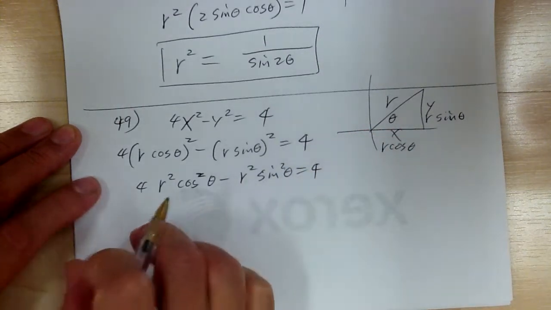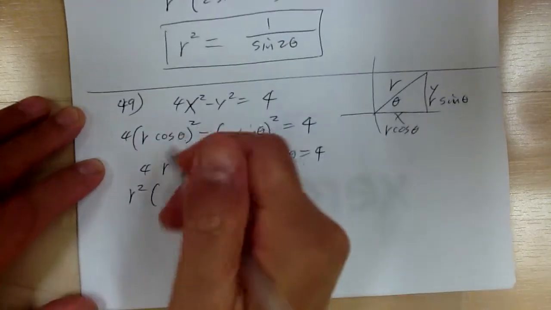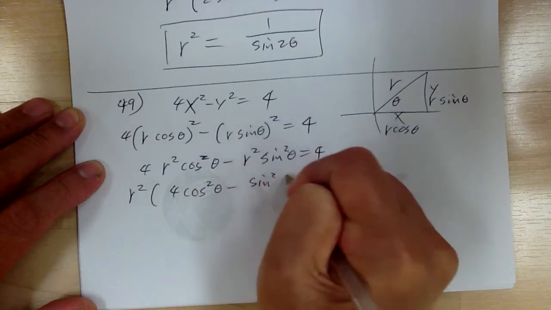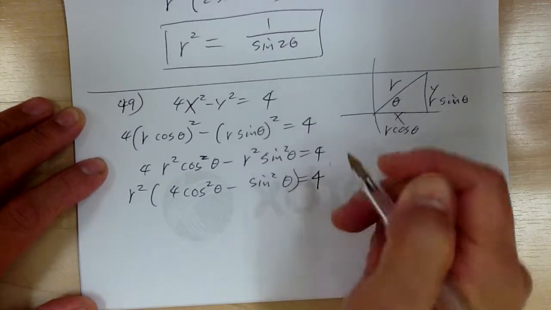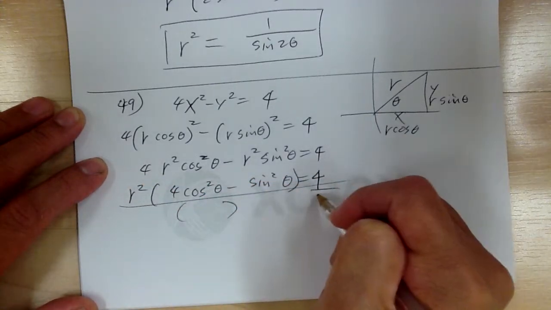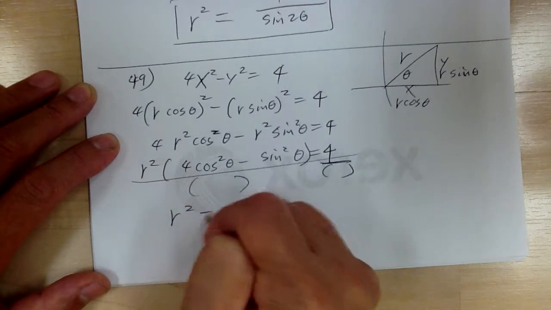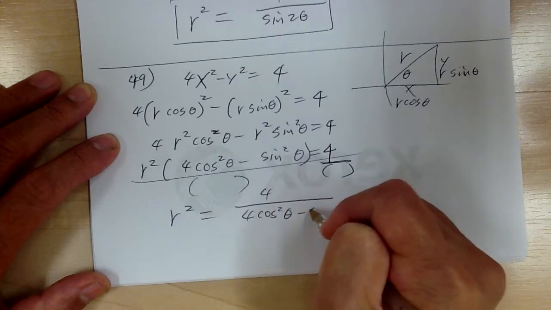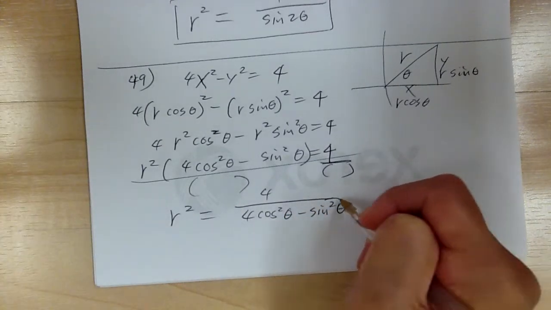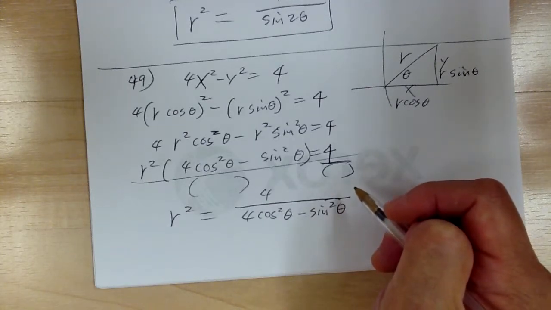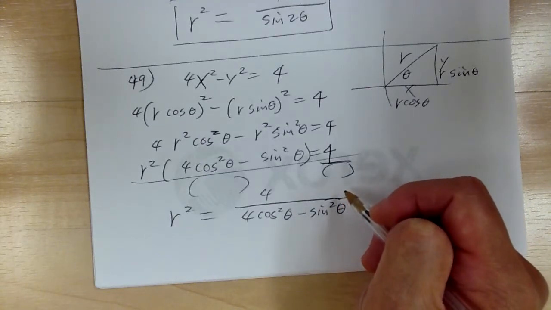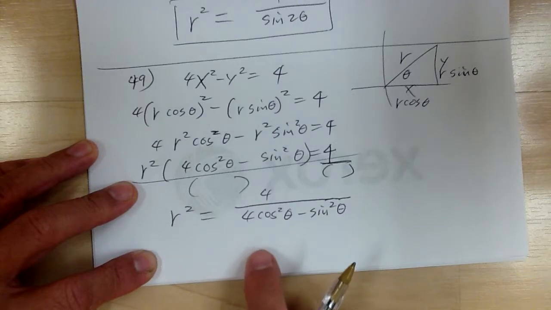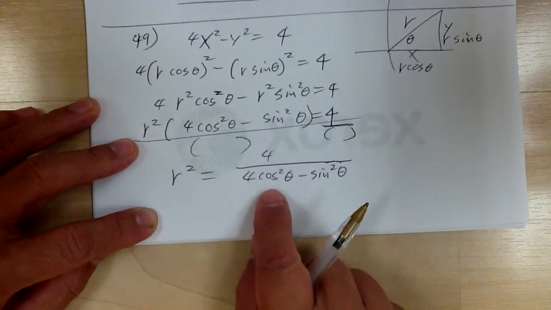Remember, you want to keep r on one side, so factor out the r squared. You get r squared times 4 cosine squared theta minus sine squared theta equal to 4. Then divide by the parentheses, so r squared equals 4 over 4 cosine squared theta minus sine squared theta. Now, to get the book answer, you want to change this into a function of sine.